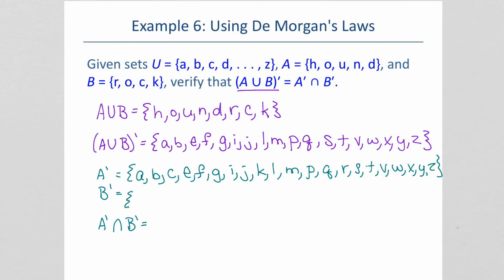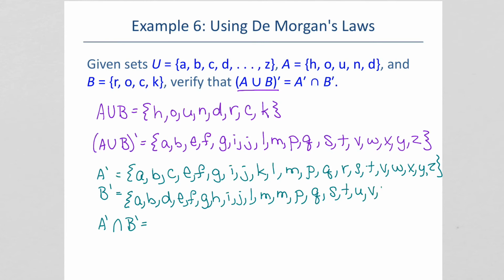And the complement of B would be everything that is not R, O, C, or K. So the intersection of that would be all the letters that they share in common.